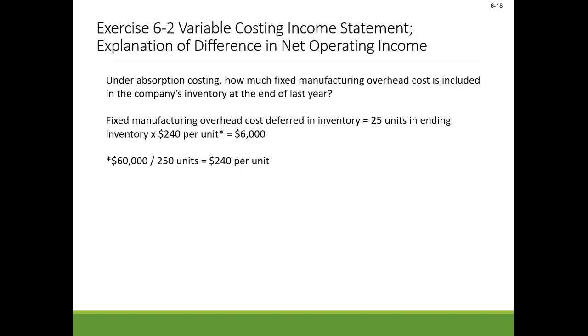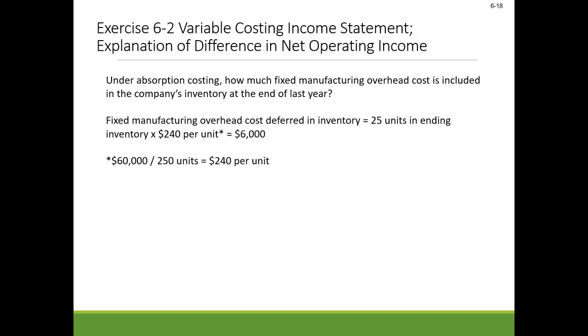So if we had 2,500 units sitting in ending inventory, and if the fixed overhead was $60,000, remember, under absorption costing, we allocate that fixed overhead to all the products.